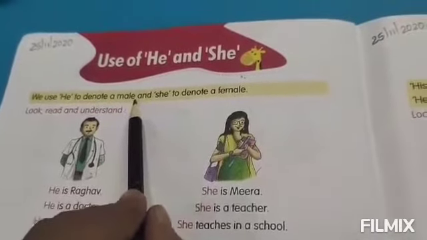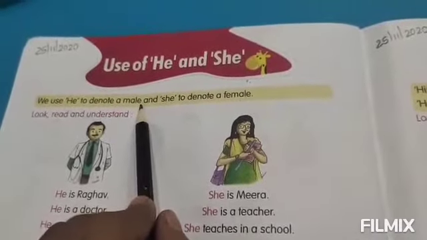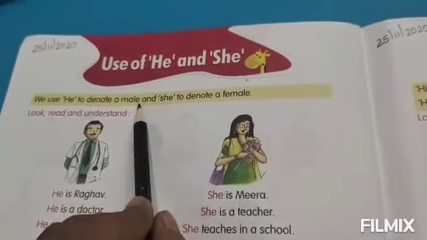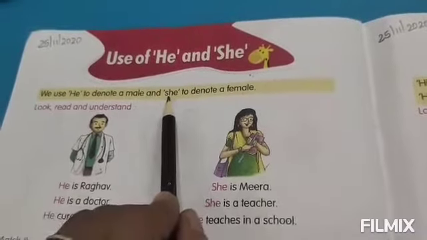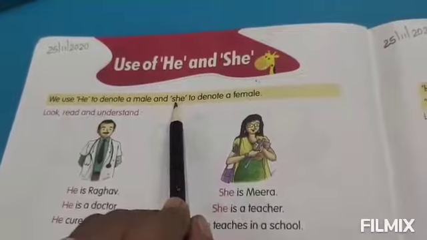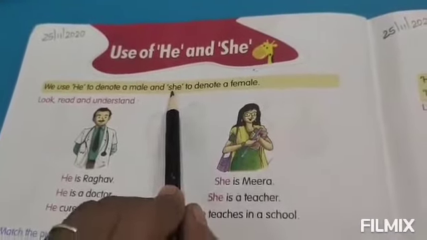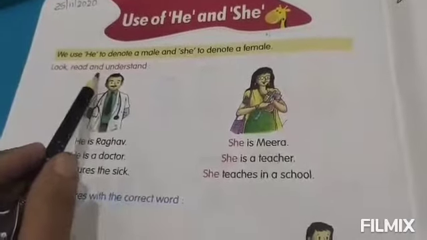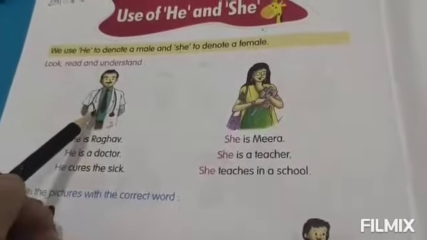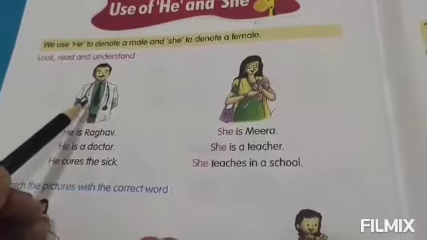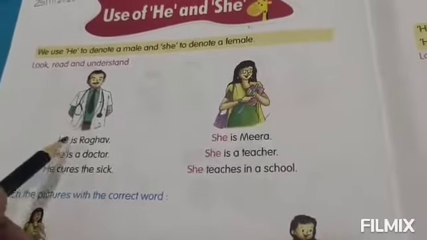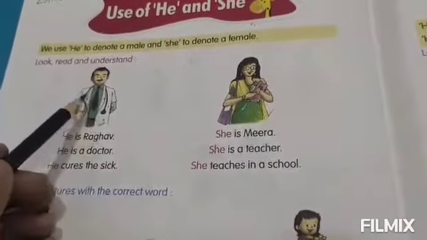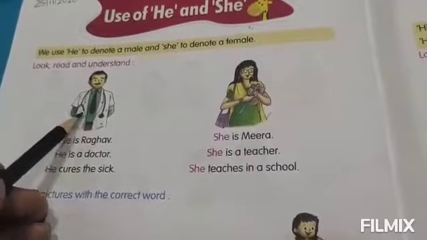Male means boy, father, grandfather, and she means girl, mother, grandmother. Okay? Look, read and understand. Here the picture of a boy, a man. He is Raghav.